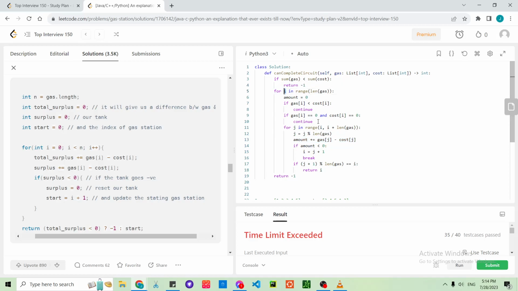Okay, so this is the start, and so that's the start. J.